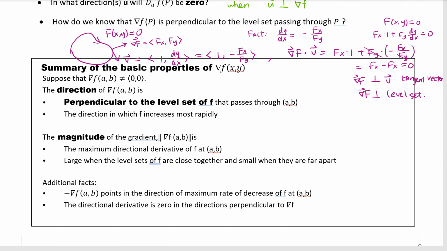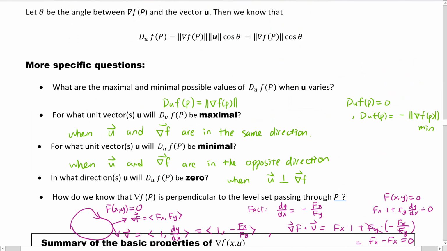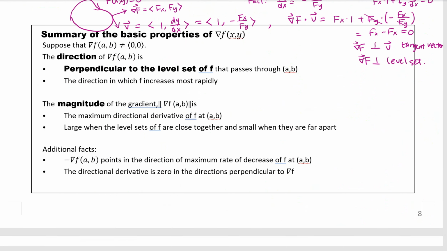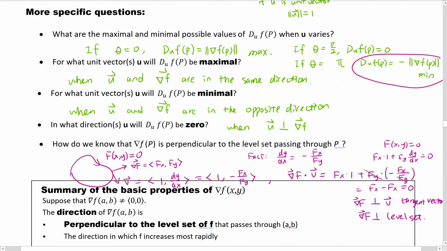We showed that in a lot of examples when we saw the picture of the surface, the level curves, and the gradient field. The magnitude of the gradient is the maximum directional derivative of f at (a, b). We just showed it here. The minimum will be the negative of the magnitude of the gradient vector.